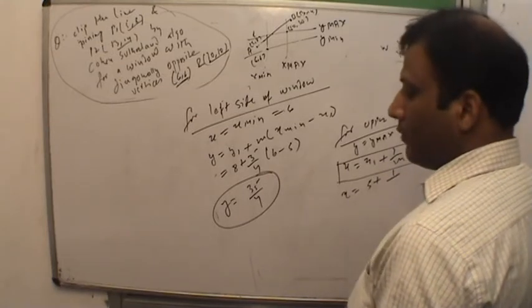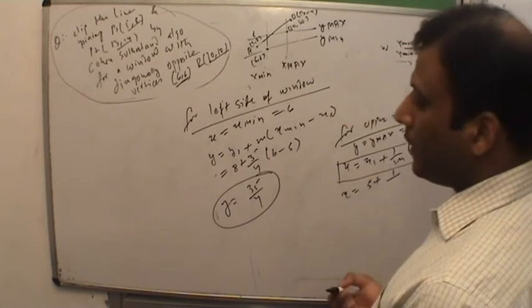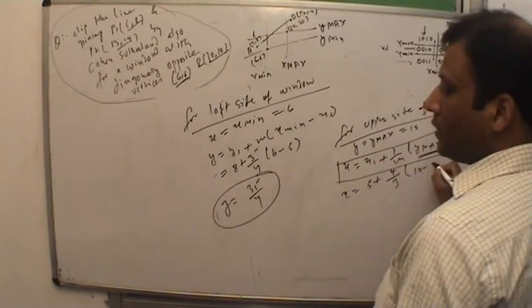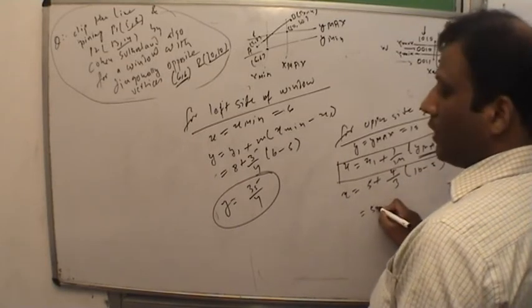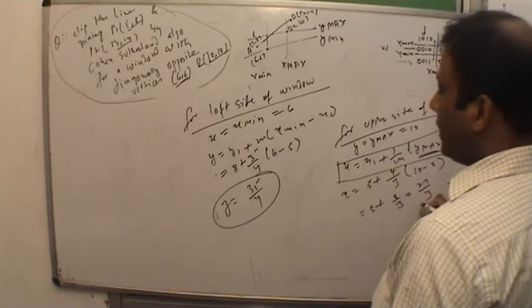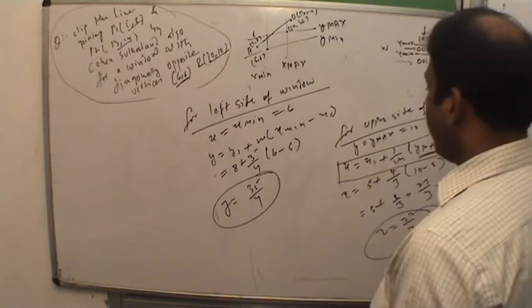For 1 by m, we apply y2 minus y1 by x2 minus x1, then we get the value 4 by 3 into 10 minus 8, so we get 5 plus 8 by 3 equal to 23 by 3. So x is 23 by 3.